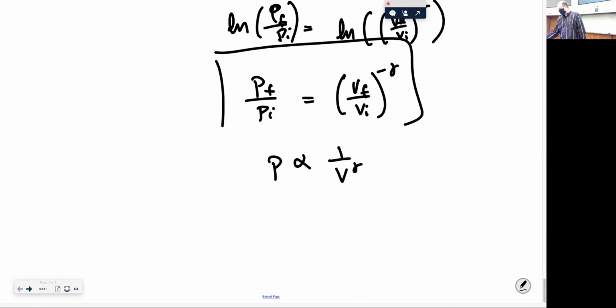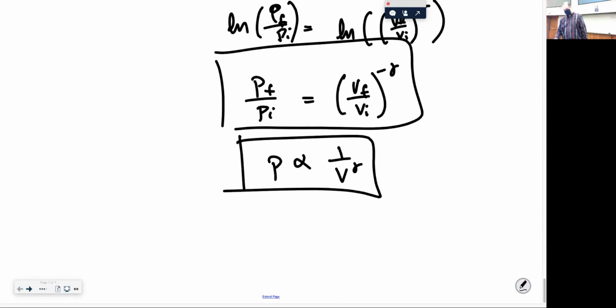Both of those are box-worthy equations. Also true, if you want to turn this around, that v is proportional to p to the negative 1 over gamma. If you have an adiabatic process and you change its pressure, you know how much the volume will change by, and vice versa. If you know how much the volume changes by, you can calculate how much the pressure will change.